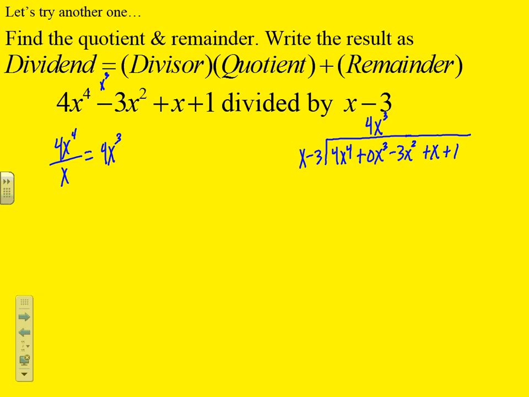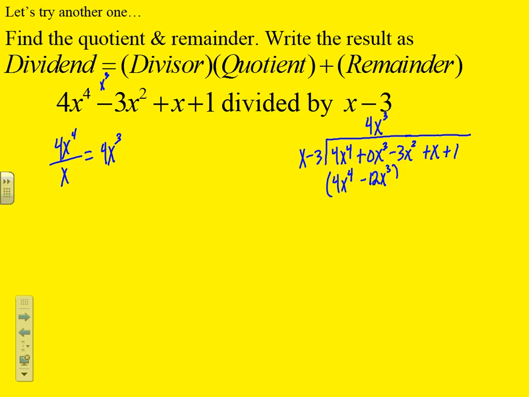So now that I know the 4x cubed is part of the quotient, we'll multiply that to the divisor. 4x cubed times x will give me my 4x to the fourth. 4x cubed times negative 3 will give me negative 12x cubed.